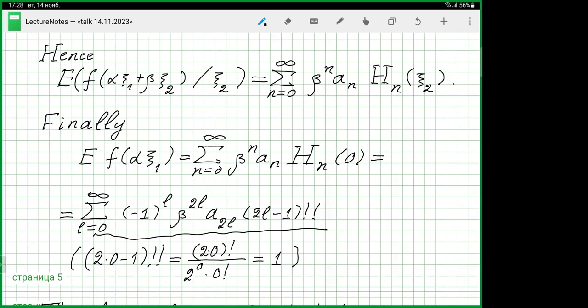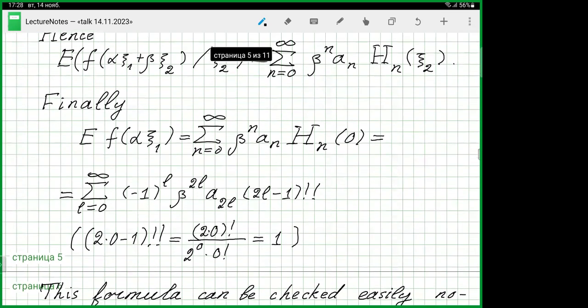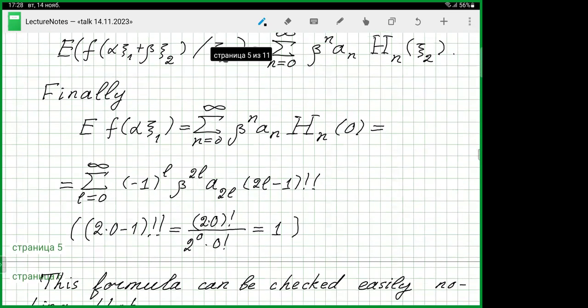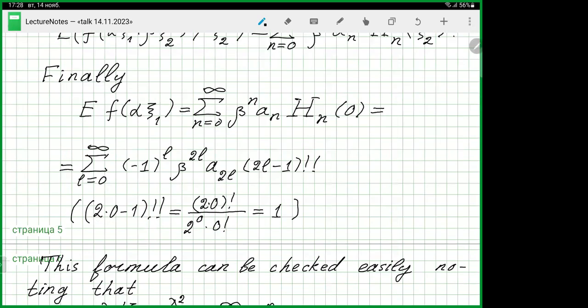Of course, here I used some agreement. Let me tell you. Here I suppose that when L is equal to 0, this (2L minus 1) factorial is equal to 1, because it can be expressed as 2 multiplied by 0 factorial divided by 0 factorial, and here is 2 to the power 0.